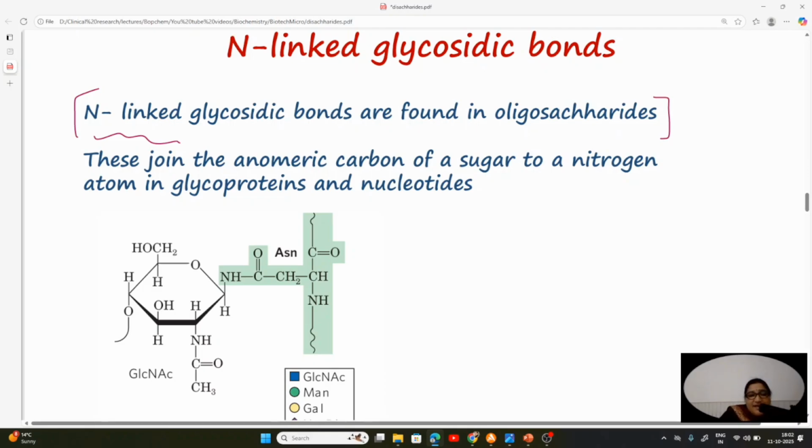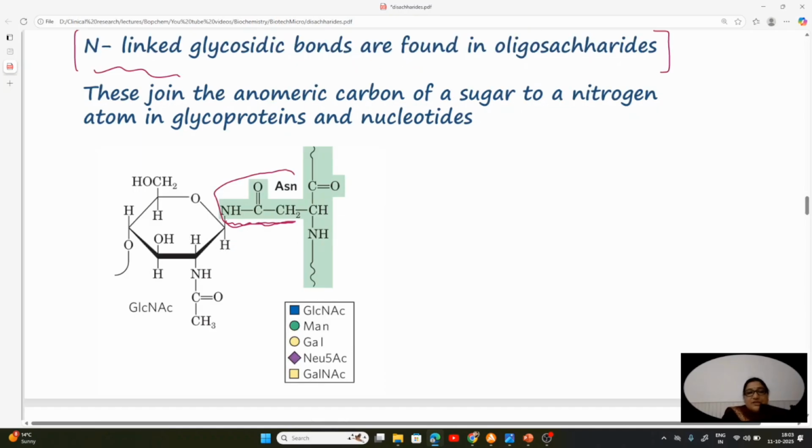So here you can see at the anomeric carbon atom, this is the glycoprotein, this is asparagine, residue of that protein. Okay, so this is the anomeric carbon atom, and here you can see the linkage is joined by N. All right, so yes, the N-linked glycosidic bond also exists.